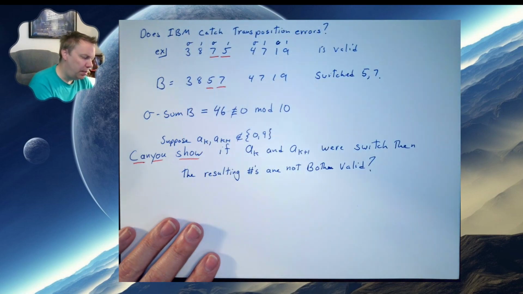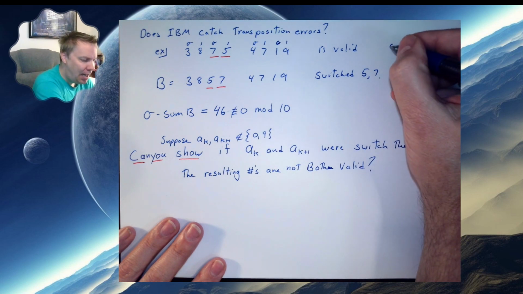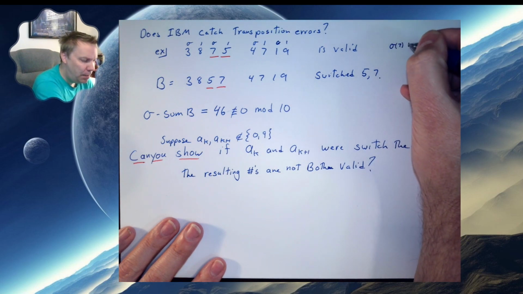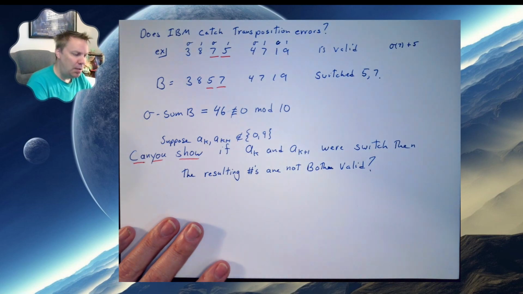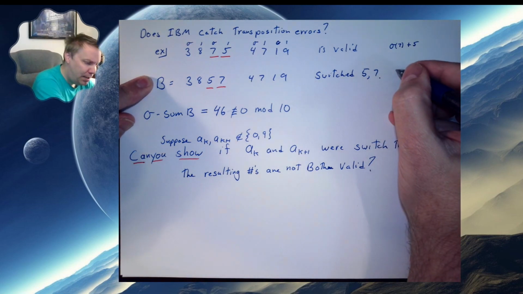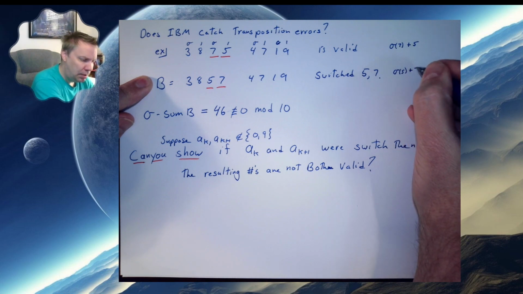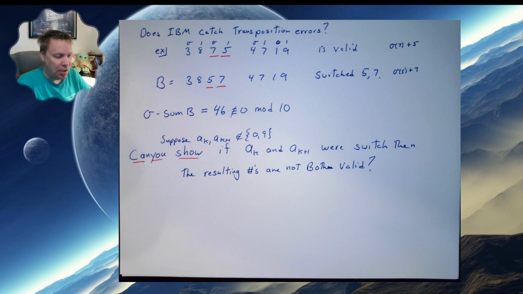And there's a 1 up there. So in this particular sum, I have a sigma of 7 plus a 5. But in the B sum, I would have a sigma of 5 plus a 7. Now, all the rest are the same.